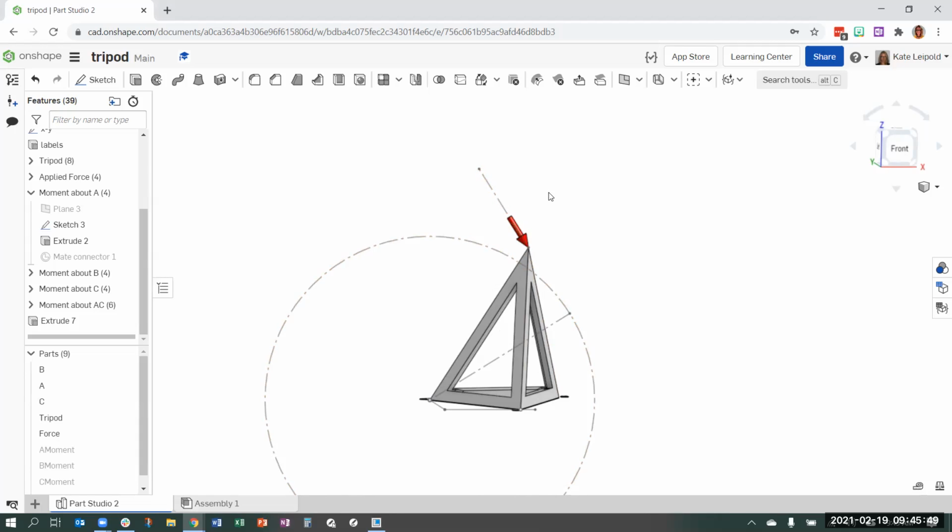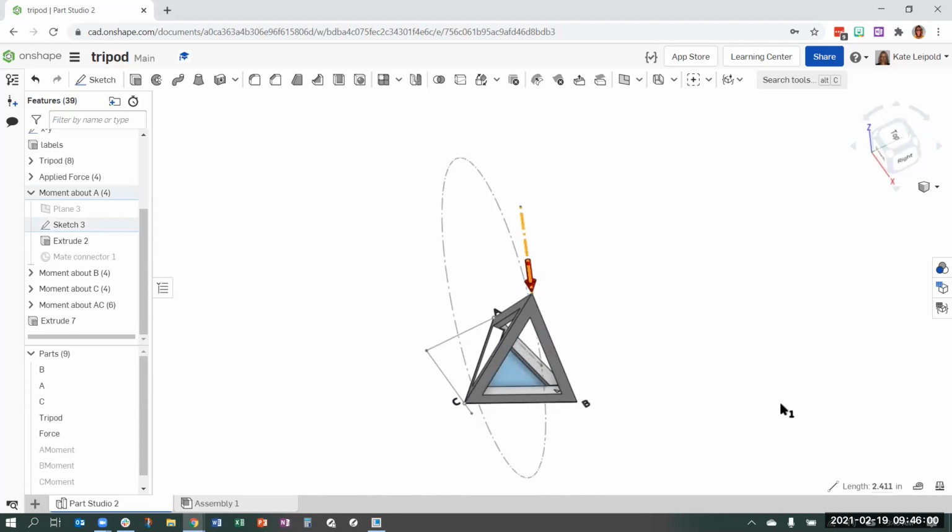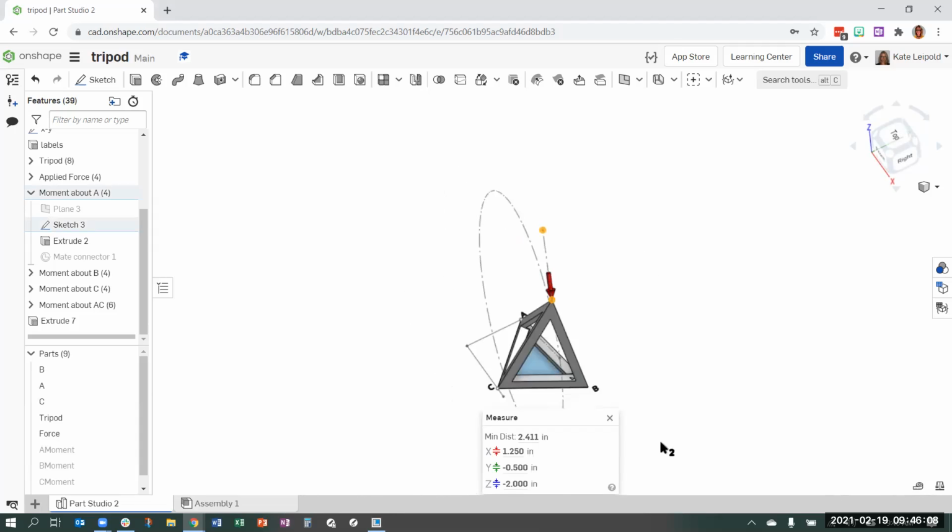Now, when we have a moment about a point, that is created with force times perpendicular distance. So this is a force in 3D, right? This vector goes from this point up to this point, and then we have some changes in X, Y, and Z to get there.